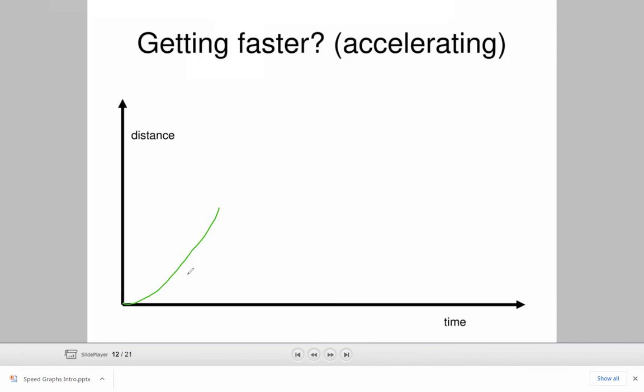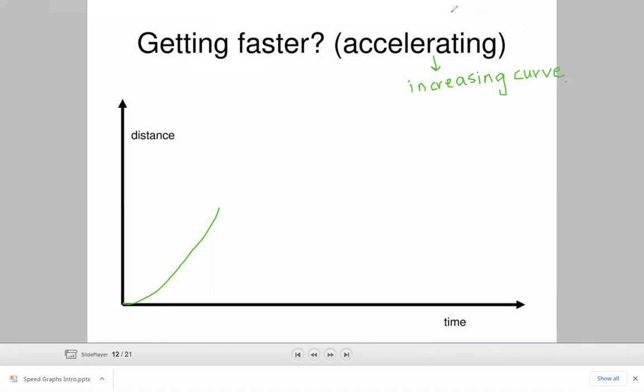That means that your car is speeding up and you're covering more distance in less time. Okay, so an increasing curve represents acceleration. An increasing curve on the distance time graph represents acceleration.